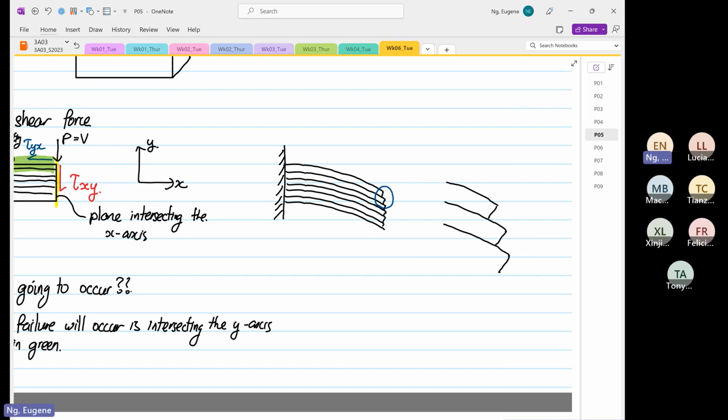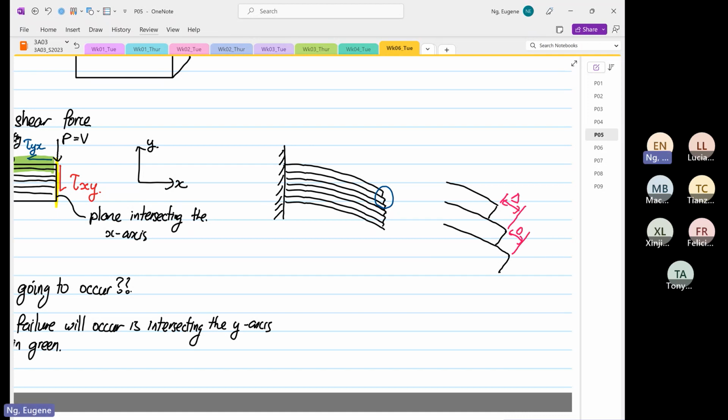Okay, you will see that there's a change or there's a slip occurring on this plane over here. There's a delta. There's also another delta.